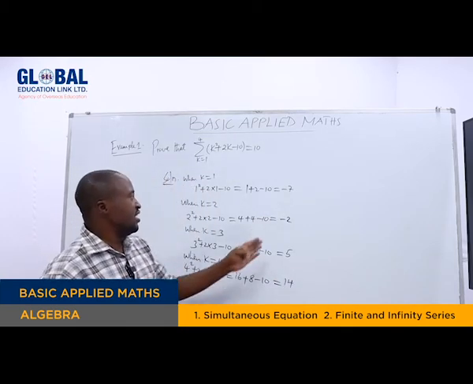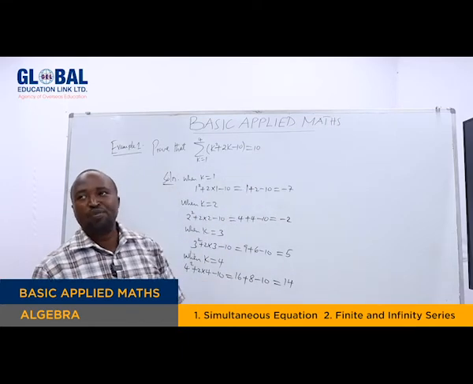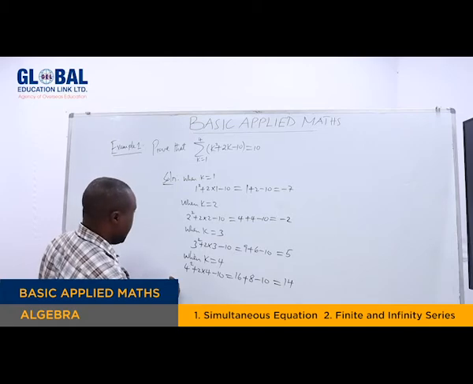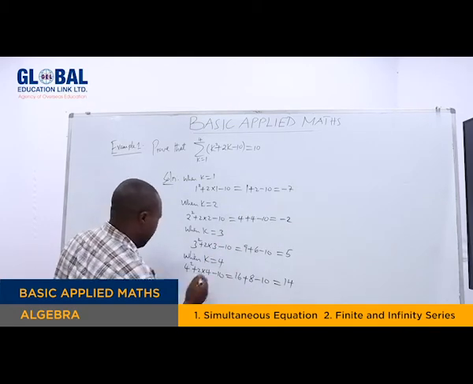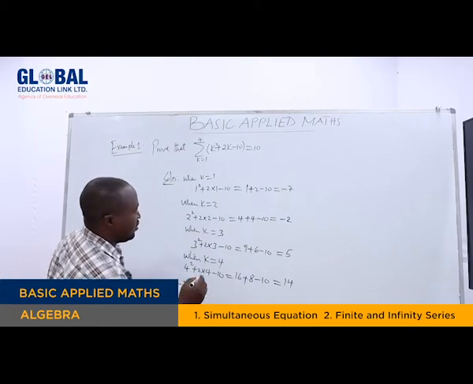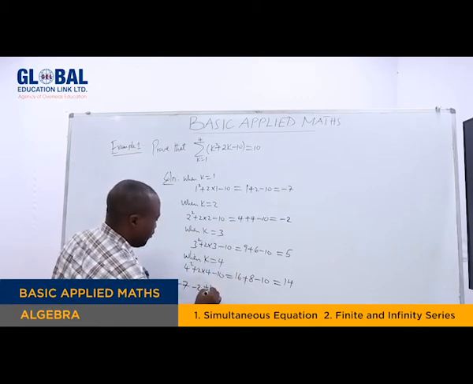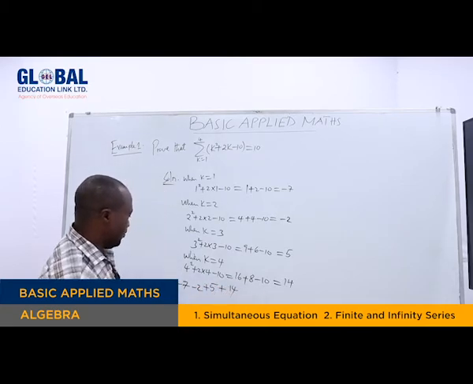Now, let us add these numbers to see if we are going to end up with 10. So now, the first one is negative 7, then minus 2, then plus 5, then plus 14.